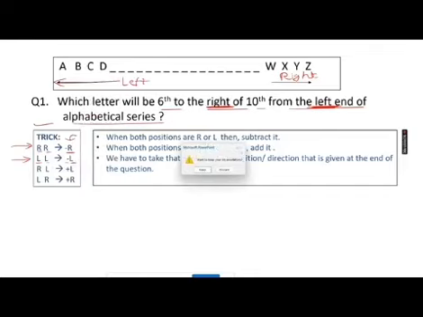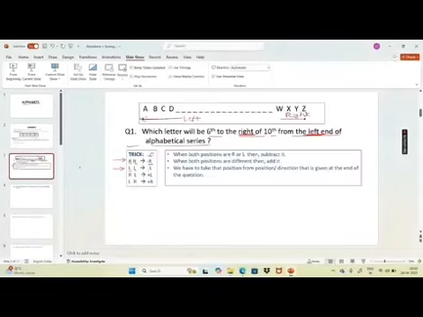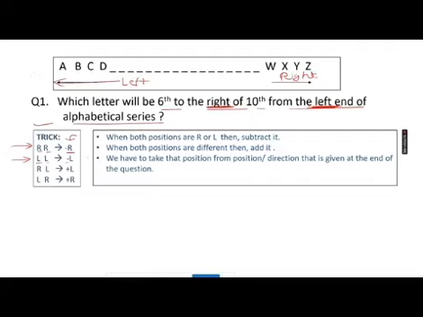After that, if different directions are given to you, for example here one right position is given and on the other hand a left position is given in the same question, in that case you have to add both the positions and your answer will be as per the last direction given to you.